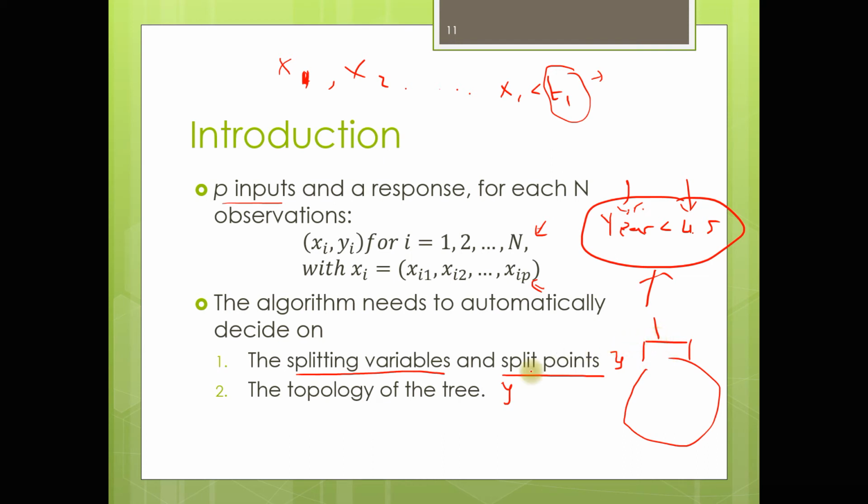But the other thing that you will need to consider is the topology of the tree, which means the shape of the tree. Is the tree too big or is the tree too small? Things like that. Should we remove branches from the tree? Should we keep the tree as it is? This is what we refer to as the topology of a tree.